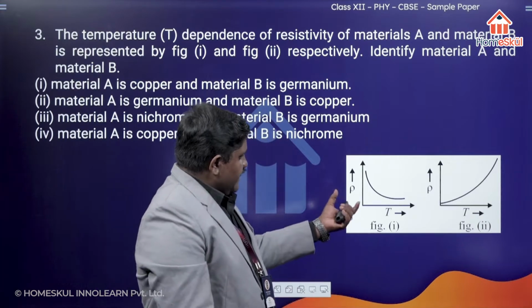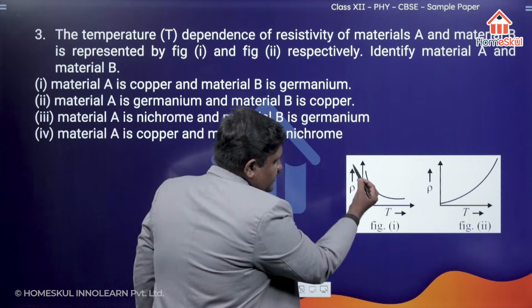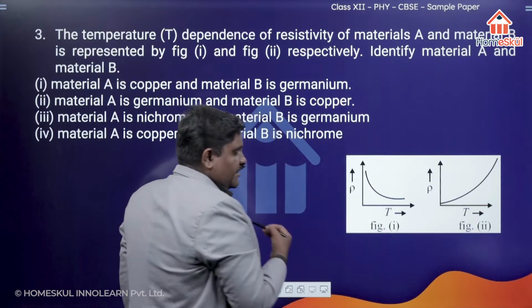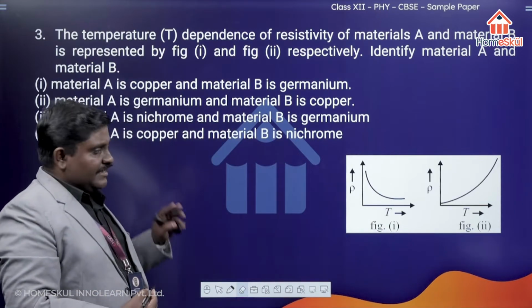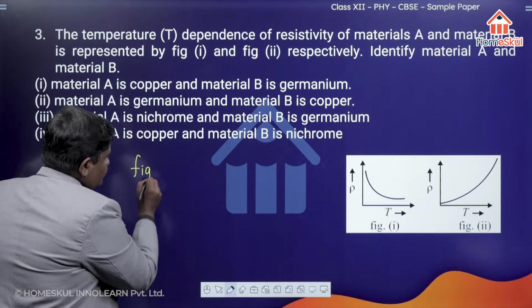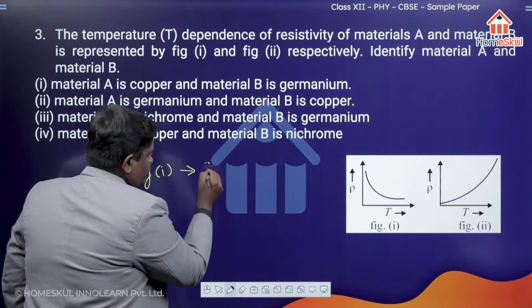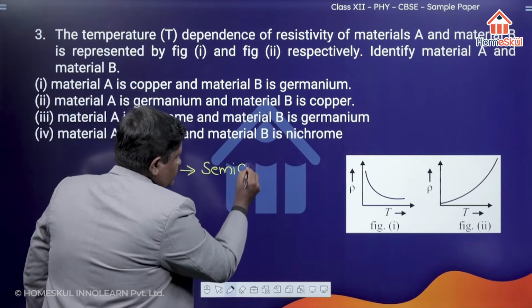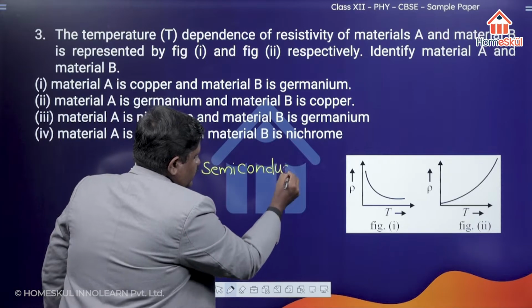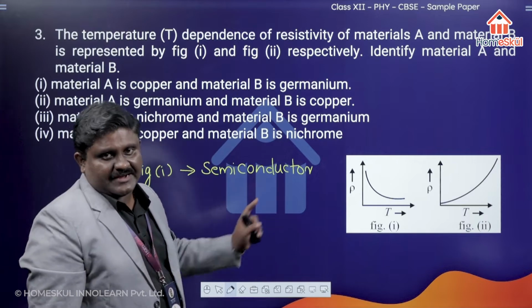In figure 1, the temperature increases but the resistivity decreases. In which material does it happen? For figure 1, it is a semiconductor. The graph 1 corresponds to the semiconductor material.